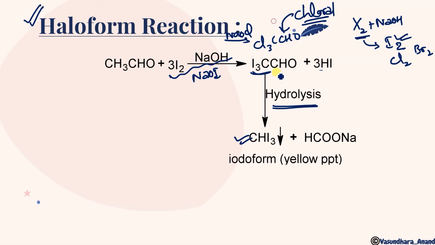So one carbon is there, so it will form the sodium salt of a carboxylic acid having one carbon. This part goes through oxidation to form a sodium salt having the same number of carbons, okay. And this CHI3 is called iodoform, and it will give you a yellow precipitate.